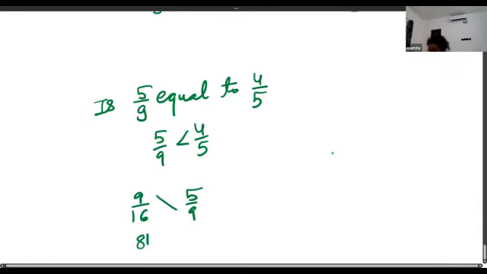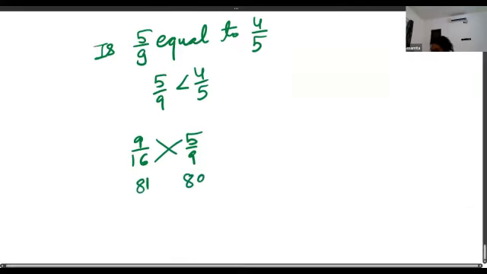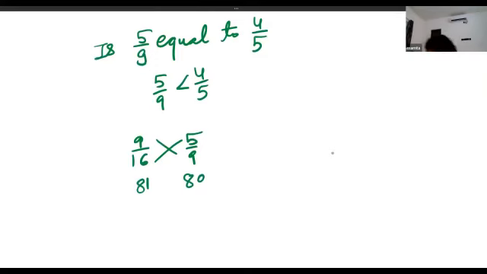Yes. 16 into 5 is 80. Yes. So 9 by 16 is greater. Correct.